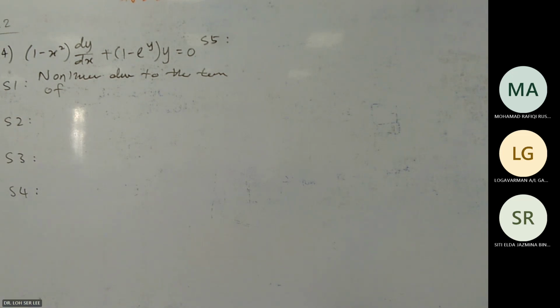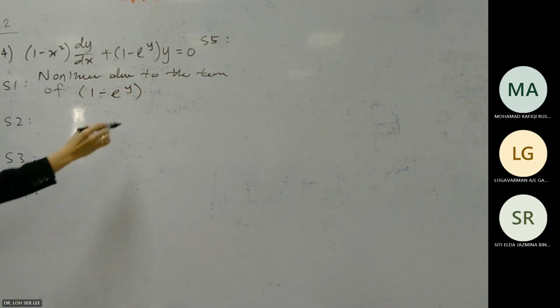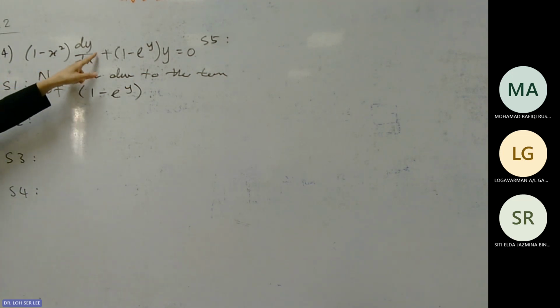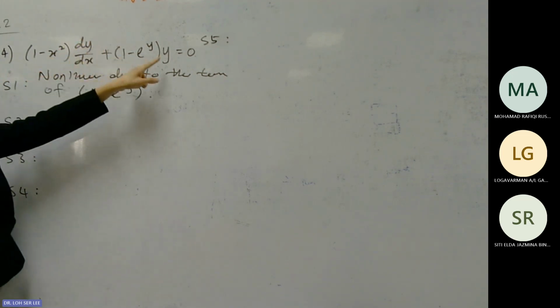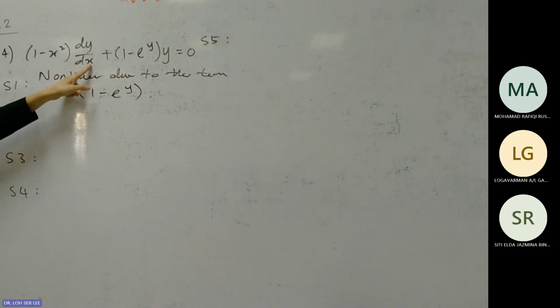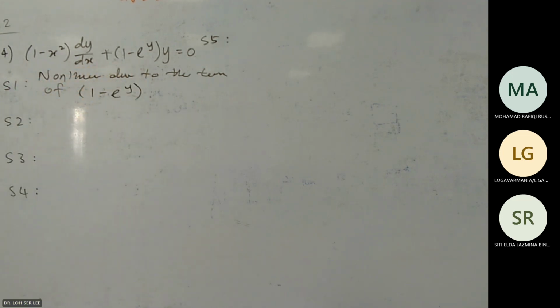Which term? Coefficient of y. It must be: derivative power of 1, okay. y power of 1, okay. Second criteria, the coefficient function must be in the independent variable. So this one is in x, okay. This is not in x.